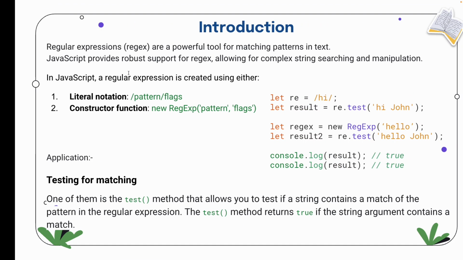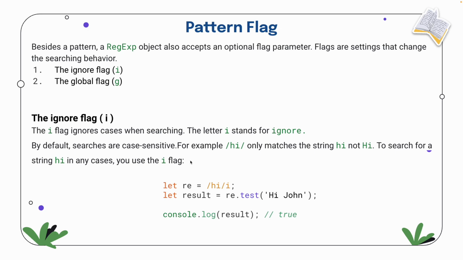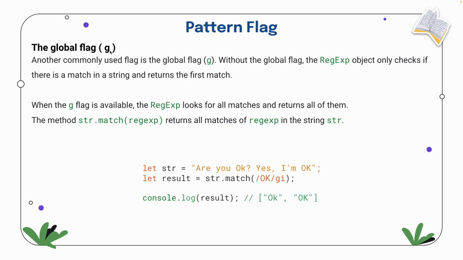Okay, so let's go back to this. We have already tested with test. Now let's go to the next slide. I told you already that we have the ignore flag, which is i, after the regular expression, and the global flag, which gives us multiple outputs.